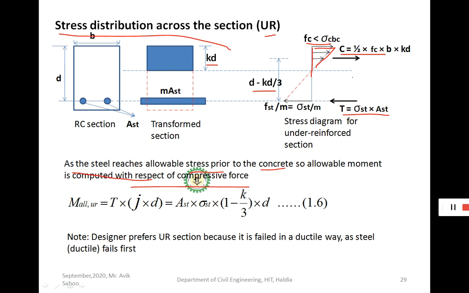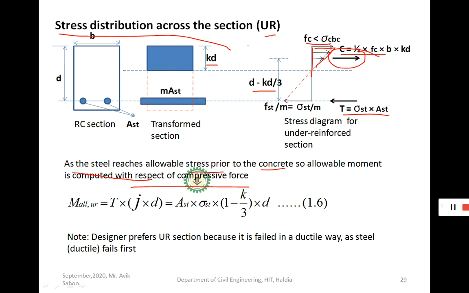To find the allowable moment, we take the moment about the compressive force. So if I take the moment about the compressive force, then the steel area is considered, and the tensile force into this distance.